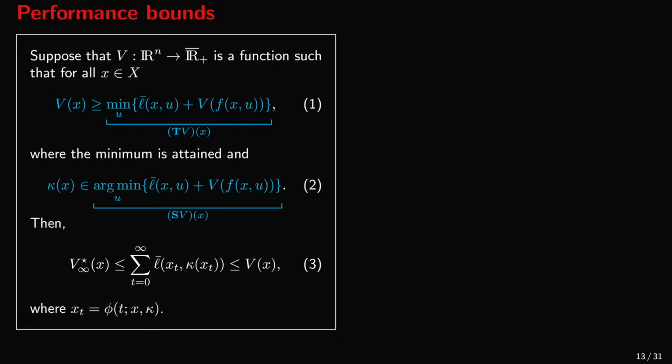From equation 2, we have a minimizer of the quantity inside the curly brackets. This is kappa of x. From equation 1, we have that v is above this minimum, which is attained at kappa of x. So we can substitute u equals kappa of x into the right-hand side of this equation. By doing so, we end up with this inequality.